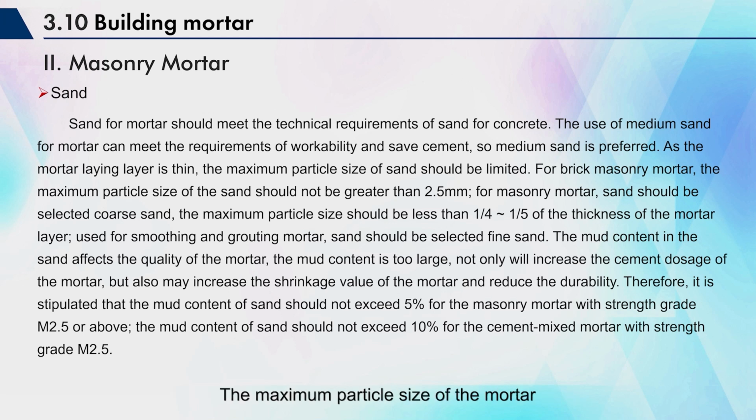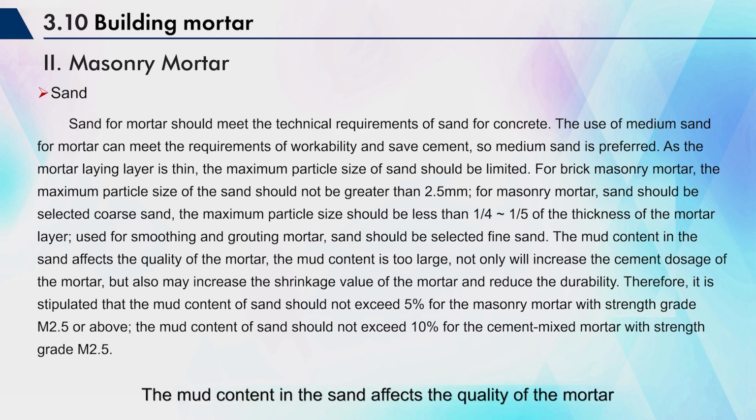The maximum particle size of the mortar used for brick masonry should not exceed 2.5 mm. For mortar used for rubble masonry, quartz sand should be selected, and its maximum particle size should be less than 1/4 to 1/5 of the thickness of the mortar layer. The mortar used for plastering and pointing should be fine sand.